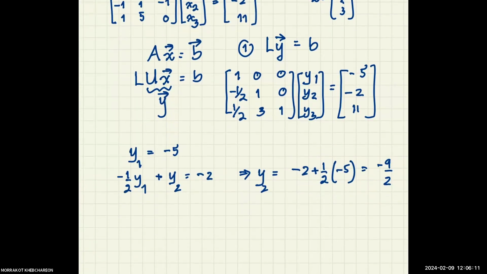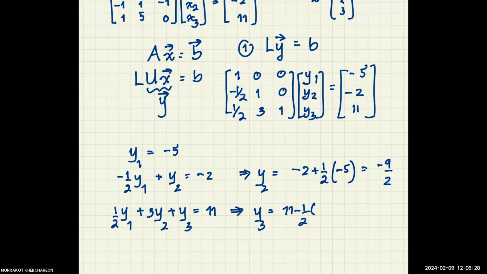And then the last row, 1/2 times y1 plus 3y2 plus y3 is 11. So y3 is 11 minus 1/2 times y1, y1 is -5, minus 3 times y2, y2 is -9/2.